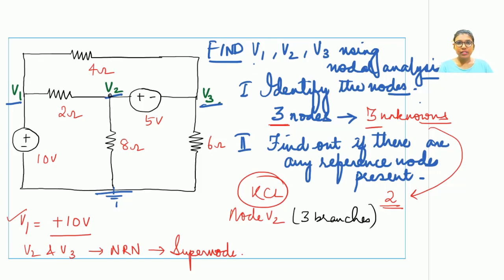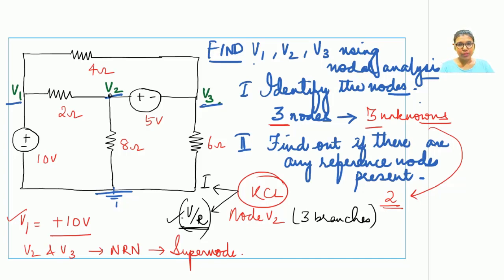Before we start writing this KCL equation at node V2, one must recall one most important thing: KCL can be written in 2 variants only. One is in the form of I. If the current source is available to us, then the value of the current source will directly give us the value of I. The other form is V upon R. I can be written as V upon R. Normally, in the absence of current sources, the widely used expression is V upon R. So these are the 2 ways in which we can write the KCL.